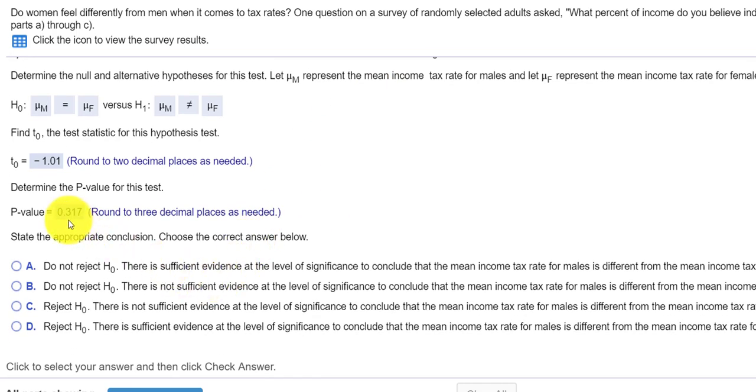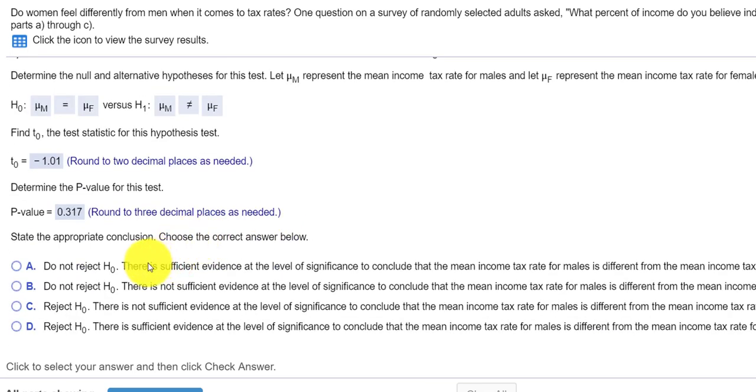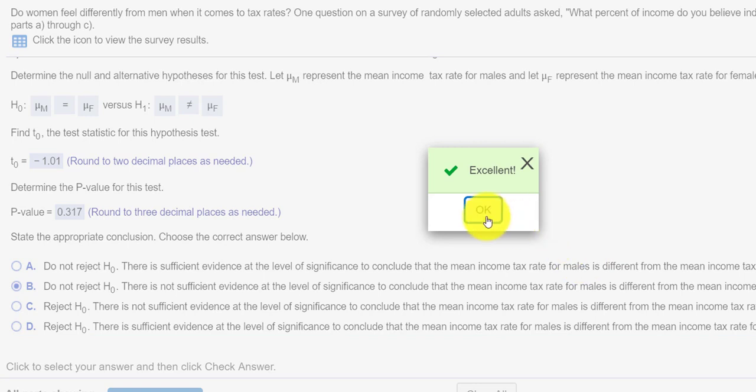So my p-value, 0.317, is greater than 0.05. So we do not reject. So that means we accept that male and female would be equal. So I press do not reject. There's not enough evidence to suggest that the tax rate is different for males and females. We get the excellent. Very good.